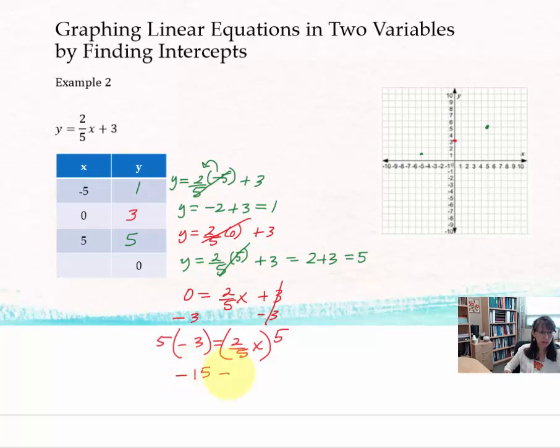Negative 15 is equal to 2x, because these 5's are reduced. Dividing by 2, it looks like negative 7.5 is equal to x. So I'll plot (-7.5, 0). That would be between negative 7 and negative 8. We're ready to draw the line. Don't forget to use the arrows. And there is how you can graph a linear equation by first calculating the x and y intercept.